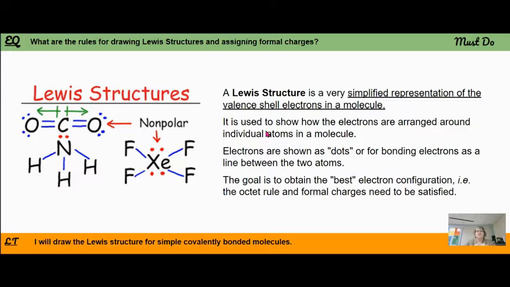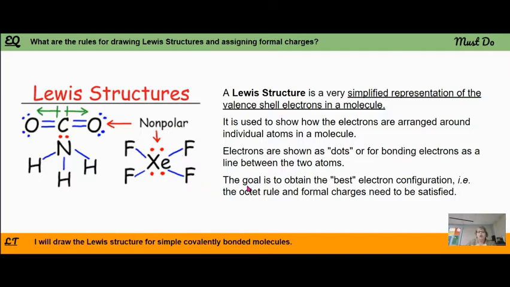Basically, this Lewis structure is used to show how the electrons are arranged around individual atoms in a molecule. The electrons are shown as dots, or for bonding electrons, as a line between the two atoms. So the lines and the dots are basically the same thing. The dots are electrons that are not bonded with anything. They're not being shared. The lines are electrons that are being shared.